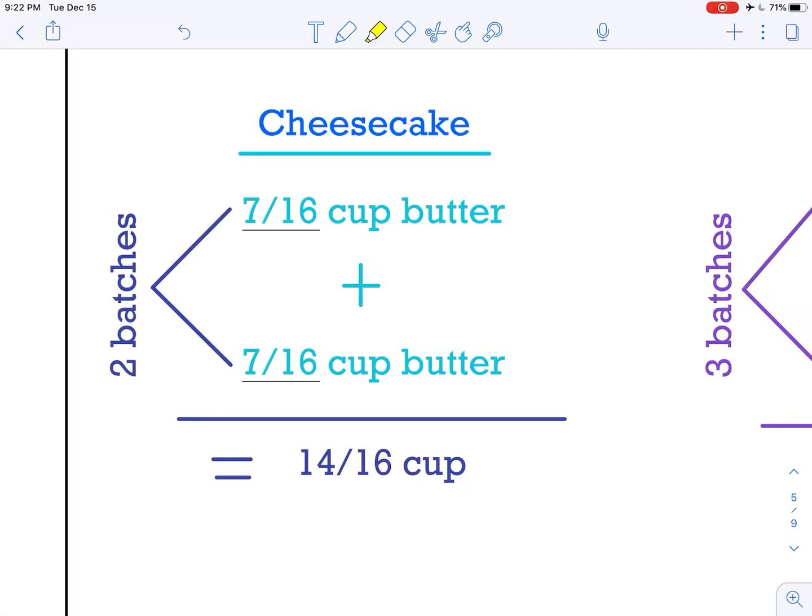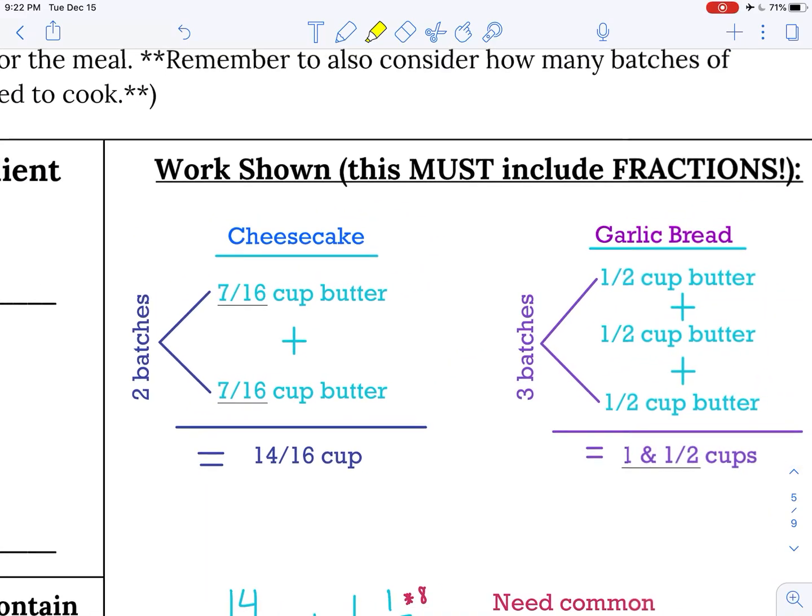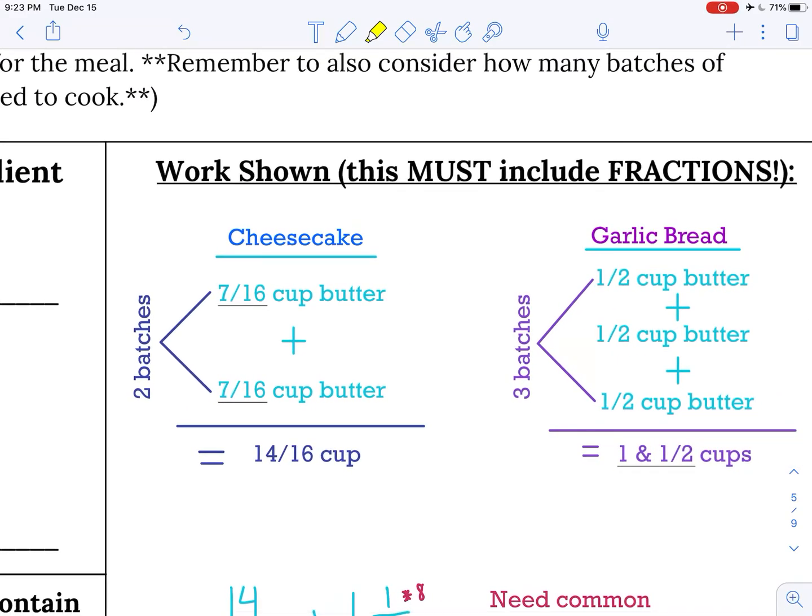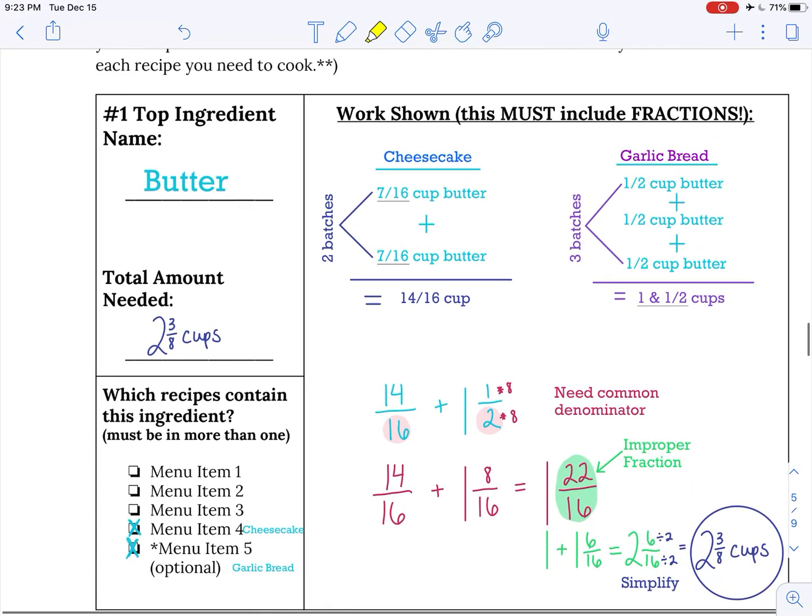And you could also do times 2, but adding 2 groups of 7/16 is going to get us that same answer. So if I'm making 2 batches of cheesecake, I'm going to need 14/16 of a cup of butter. And you might choose to simplify that now, or you might wait till later. So that's for the cheesecake recipe.